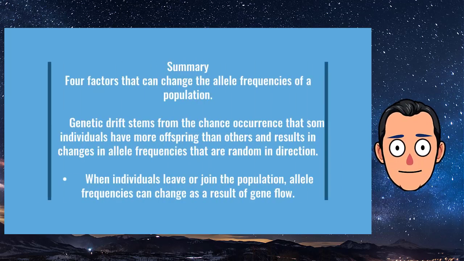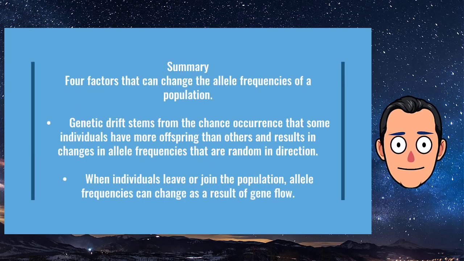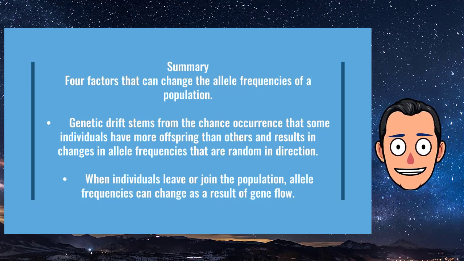Genetic drift stems from the chance occurrence that some individuals have more offspring than others and results in changes in allele frequencies that are random in direction. When individuals leave or join the population, allele frequencies can change as a result of gene flow.